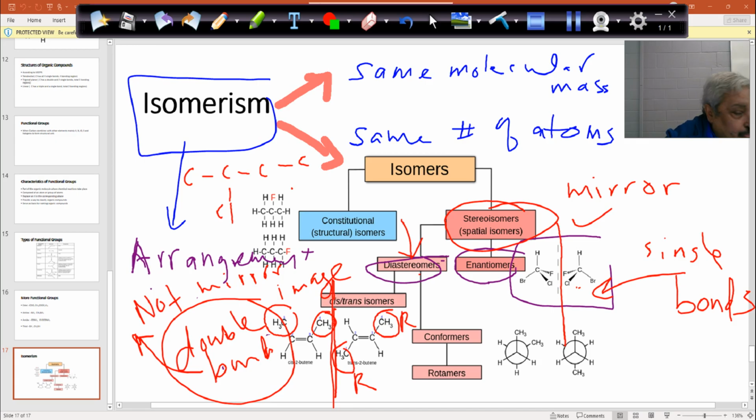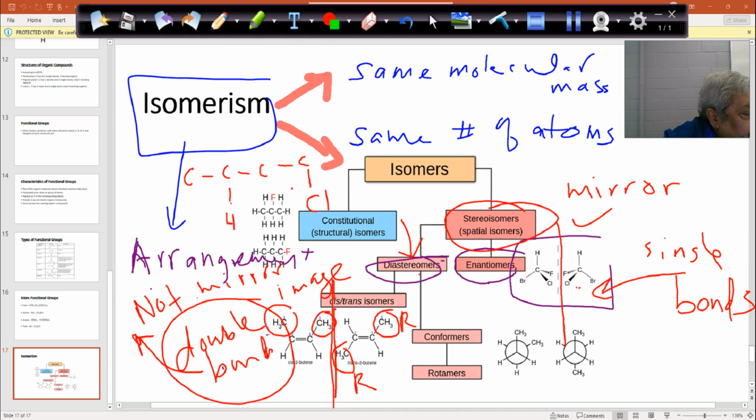Butane means four carbons. The chlorine can be here, but sometimes the chlorine can be where? Not here, but the chlorine is now on the first carbon. Chlorine is here instead of here. Here is hydrogen, but chlorine is here.